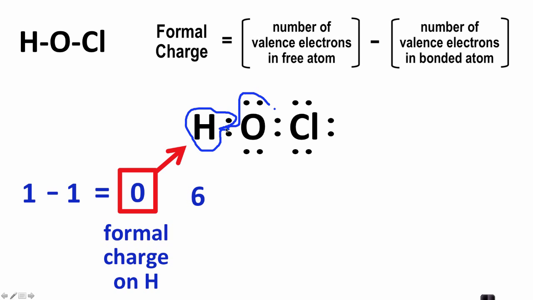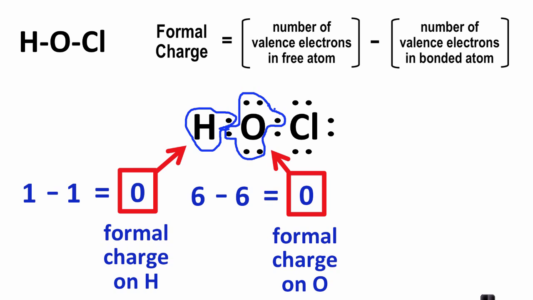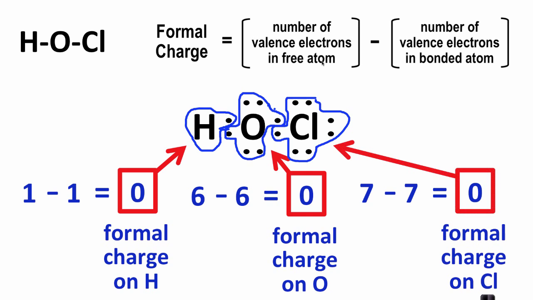It has 2 plus 1 plus 2 plus half of that pair, so that's plus 1 more, so it has 6 valence electrons in the bonded atom, and that difference is 0 for the formal charge for oxygen. And then chlorine has 2 plus 1 of that pair plus 2 plus 2, so that is a total of 7 electrons by comparison to the 7 electrons in the free atom, and that difference is 0, so the formal charge on chlorine is 0.